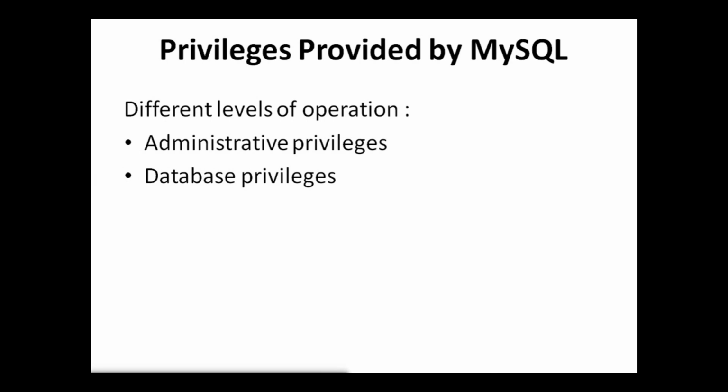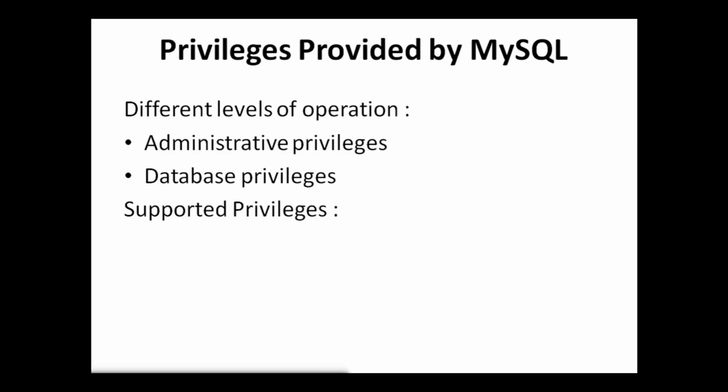The database privileges, unlike the administrative privileges where we need to mention *.*, here it will be dbname.*, and these privileges can be granted for specific databases or globally so that they apply to all databases. These database privileges include privileges to create tables and functions, as well as privileges for tables, functions, and procedures in the database. And these are stored in the mysql.db table.